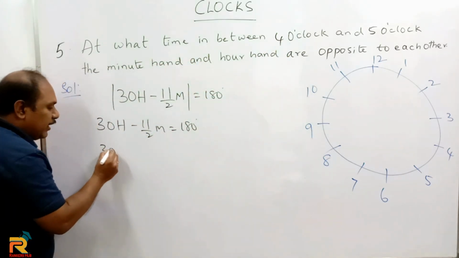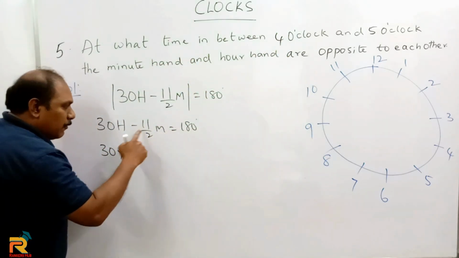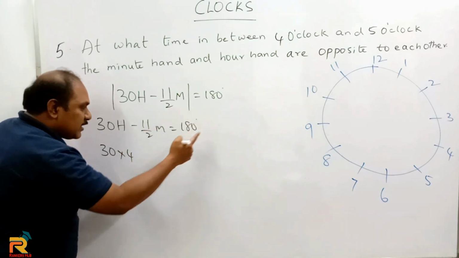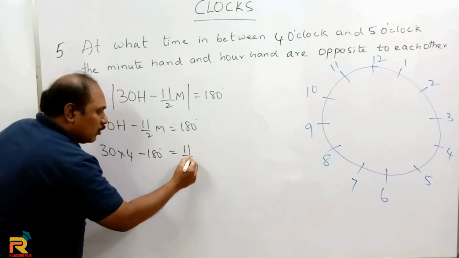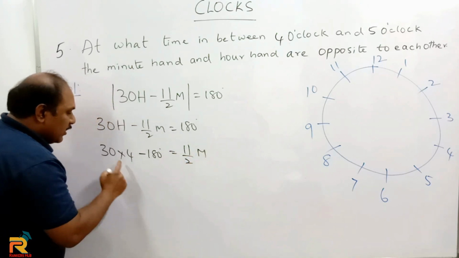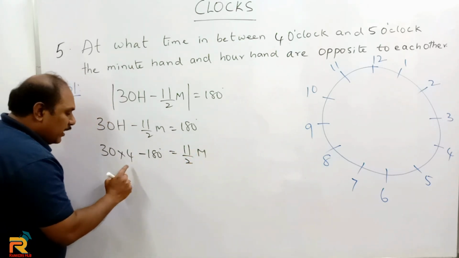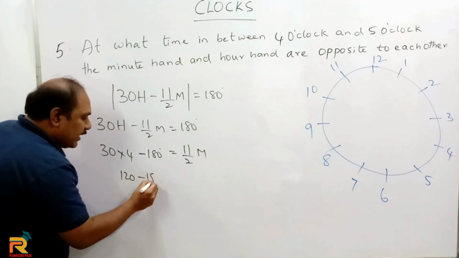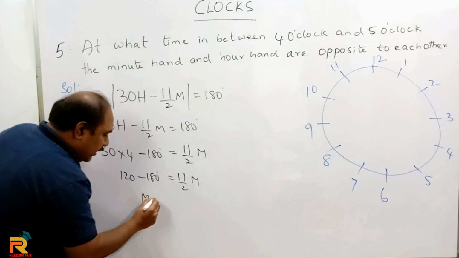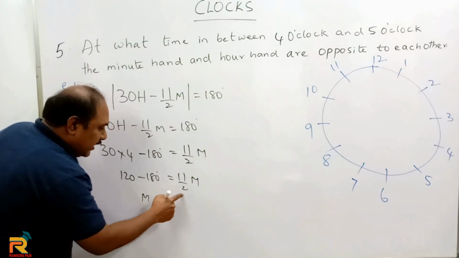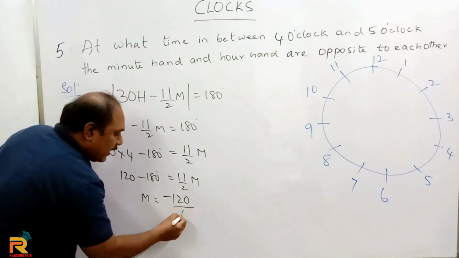So 30 into 4. Now take this minus 11 by 2m to the other side and bring 180 here. Minus 180 equal to 11 by 2m. 30 into 4, 120. 120 minus 180 equal to 11 by 2m. m will be equal to minus 60 into 2, minus 120 by 11.